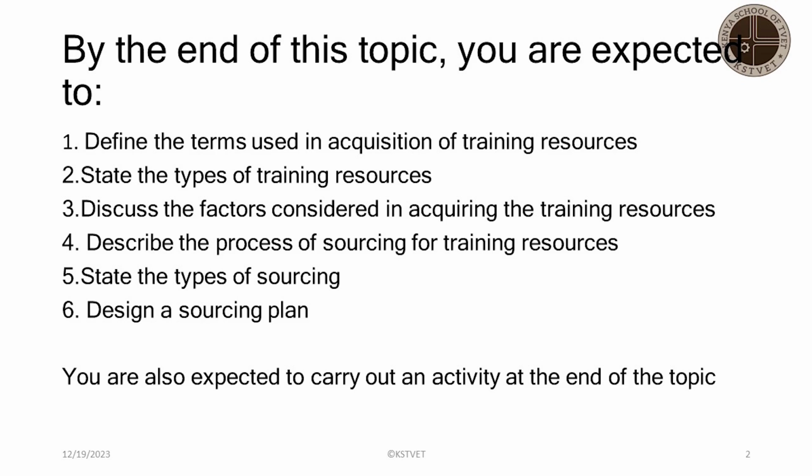Identify the types of training resources used in managing curriculum and instruction. 3. State the factors considered in sourcing for resources used in managing curriculum and instruction. 4. Describe the process used in sourcing training resources that are used in managing curriculum and instruction.